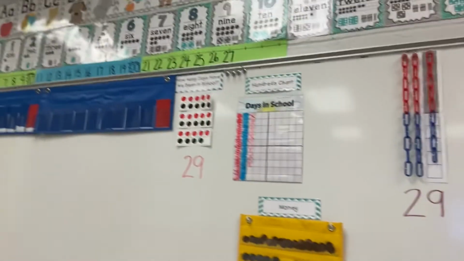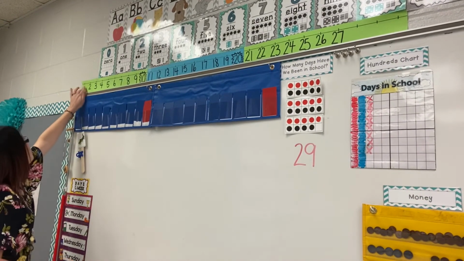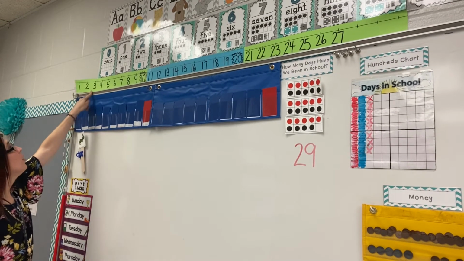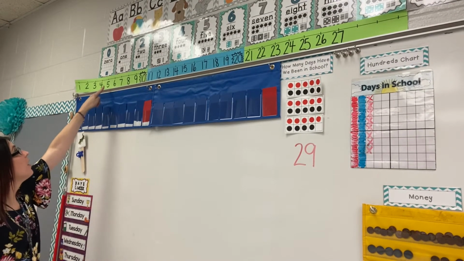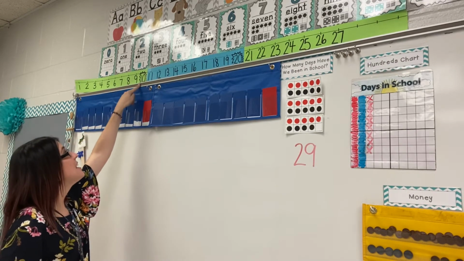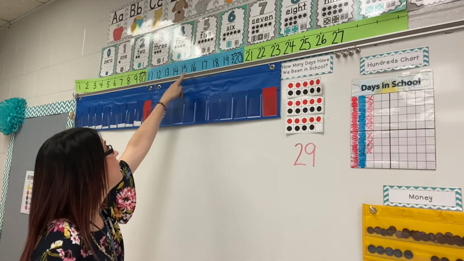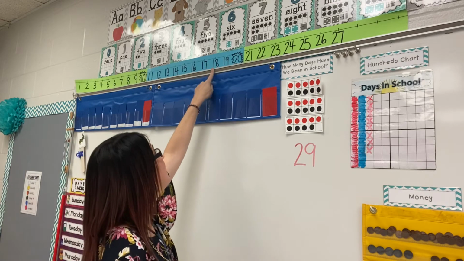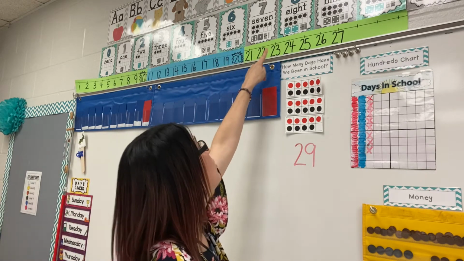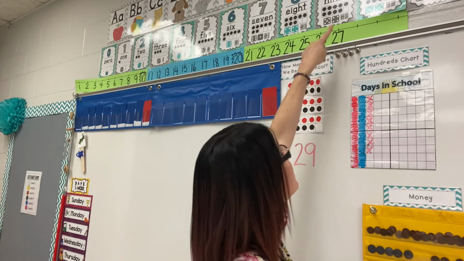Take a look at my number line. We're missing some numbers. So can you say the numbers that we have so far with me? Ready? 1, 2, 3, 4, 5, 6, 7, 8, 9, 10, 11, 12, 13, 14, 15, 16, 17, 18, 19, 20, 21, 22, 23, 24, 25, 26, 27.